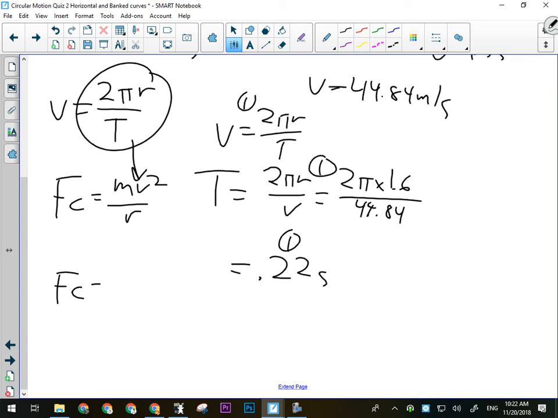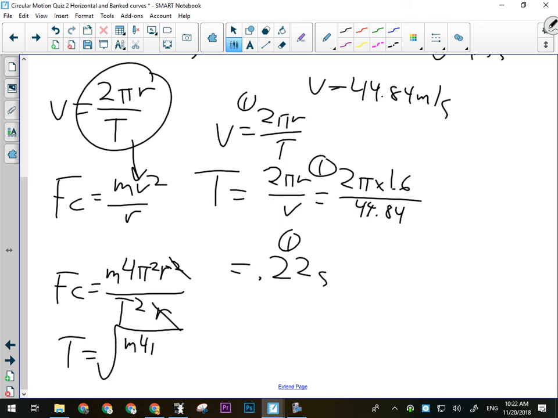So I'm going to have Fc equals m times 4 pi squared times r squared over t squared, times r. There's an r on the top and an r on the bottom, so I still have 1 r on the top because the squared is gone, and now I manipulate for t. So t will be the square root of m times 4 pi squared times r over Fc.